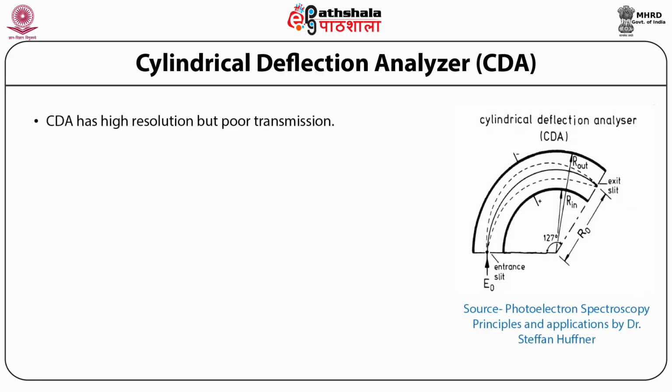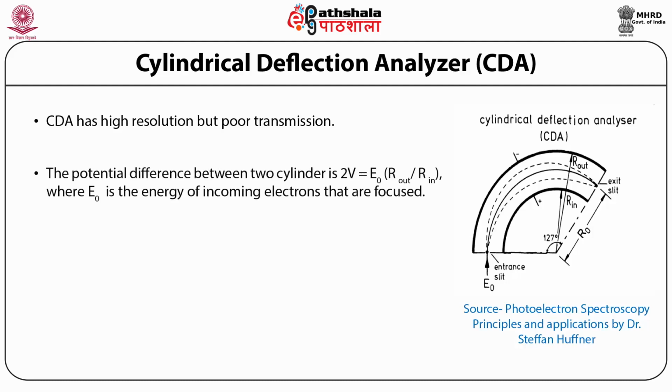Cylindrical deflection analyzer or CDA. CDAs consist of 2 cylinders spanning a 127 degree angle. It is the reason that CDAs are sometimes called 127 degree analyzers.